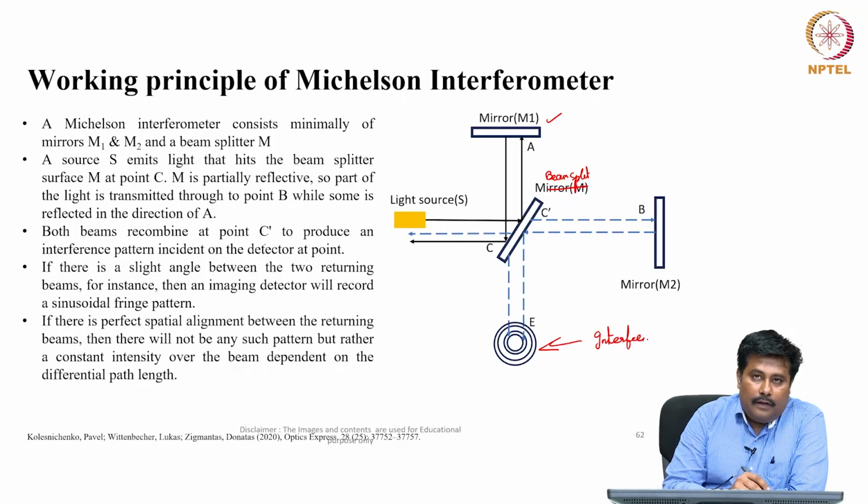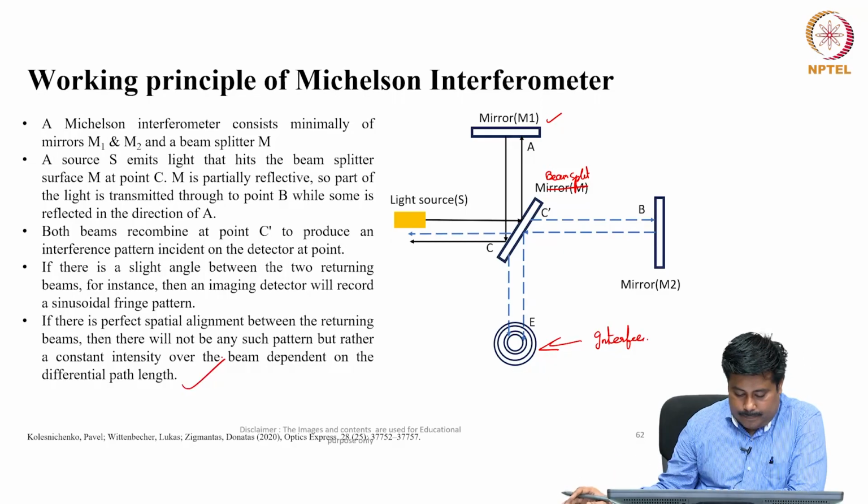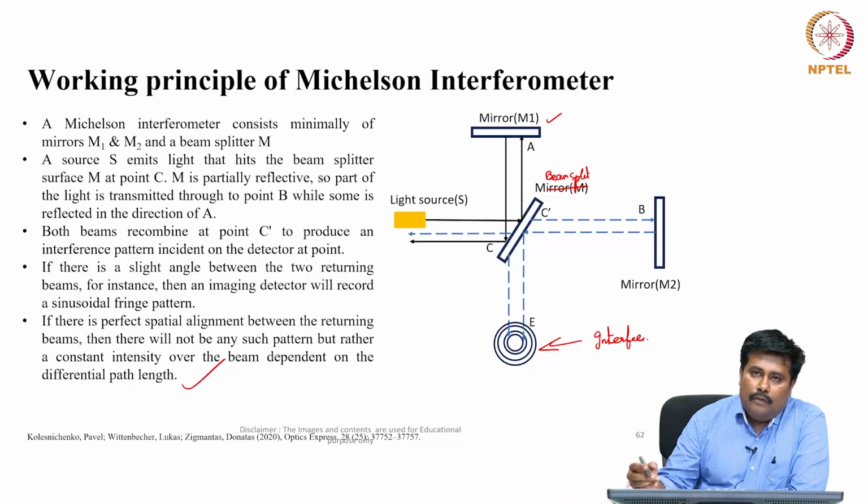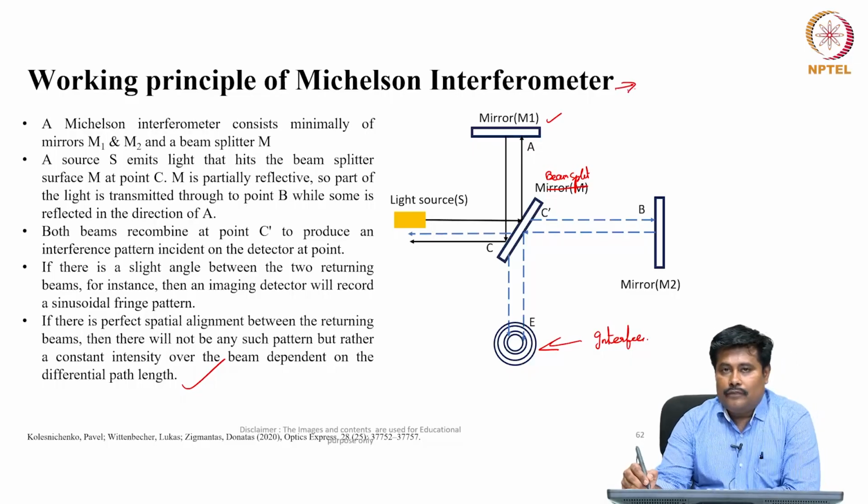If there is a slight angle between the two returning beams, then an imaging detector will record a sinusoidal fringe pattern. If there is perfect spatial alignment between the returning beams, then there will not be any such pattern, but rather a constant intensity depending on the differential path length. So this is the overall configuration used in a simple Michelson's interferometer.